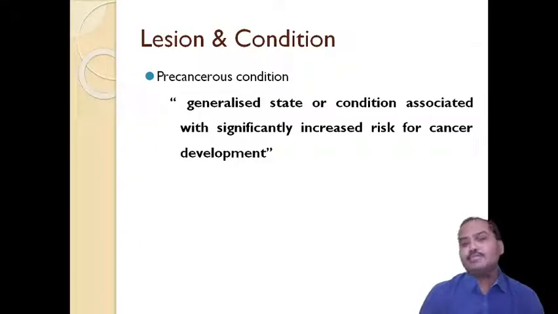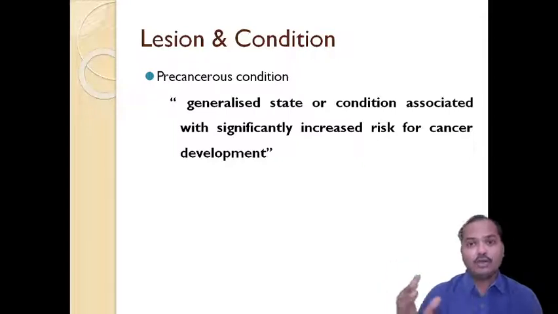When we talk of a precancerous condition, it is a generalized state or condition which is associated with significantly increased risk for cancer development. That means if we compare with the precancerous lesion, where we could see a morphologically altered tissue in the oral cavity, in the precancerous condition we will not see any such tissue with a morphological alteration at a particular site.